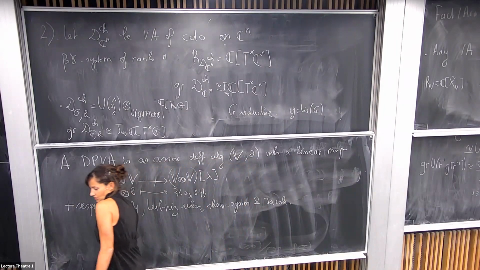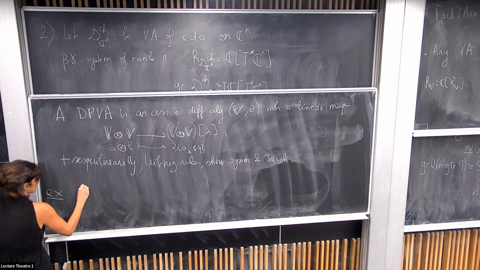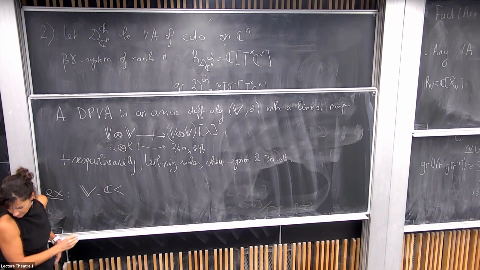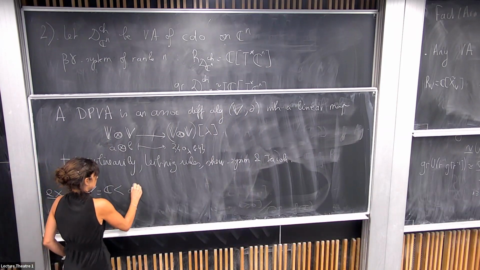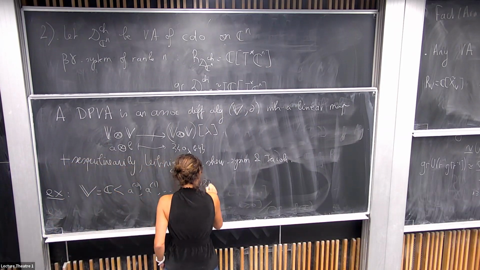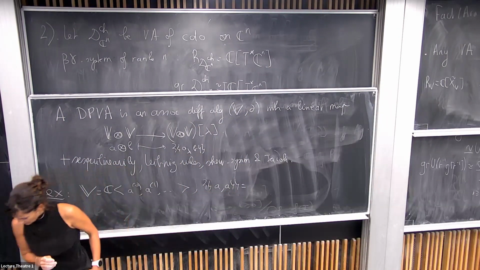So let me give just one example. Let's consider the free algebra generated by infinitely many variables, like this, and with Poisson bracket. So it's just an extension of the previous example.